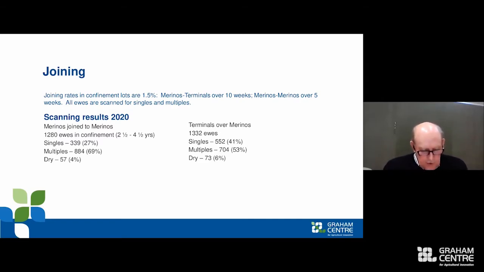Scanning after joining, all ewes are scanned for singles and multiples to allow us to manage these sheep better and adjust the feed accordingly. As seen on the screen, our scanning results for 2020 were very good, as all these sheep were joined in confinement lots, and the results confirm that there is no problem joining sheep in confinement lots.